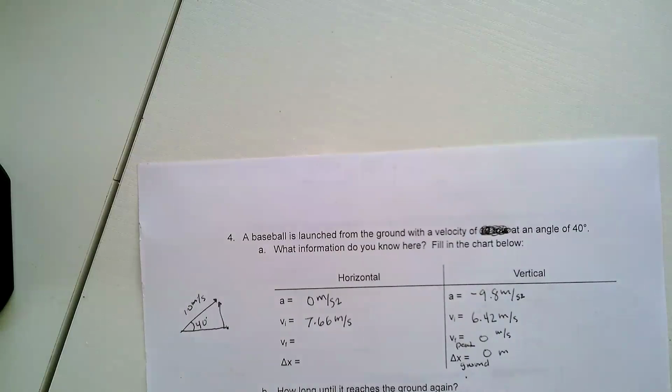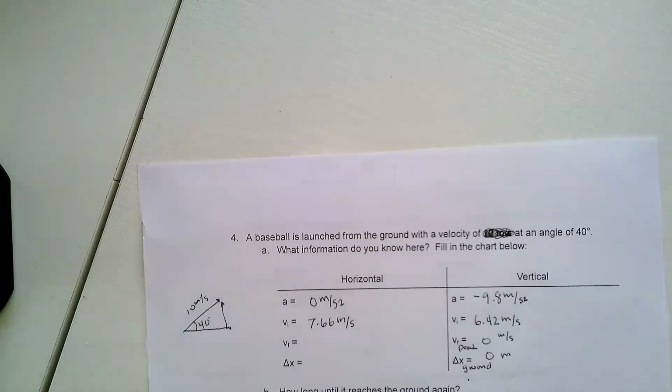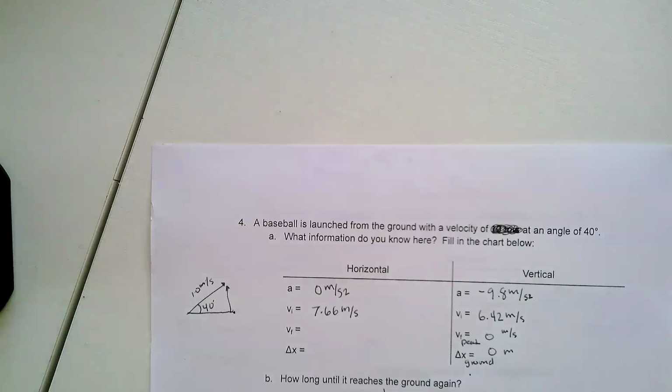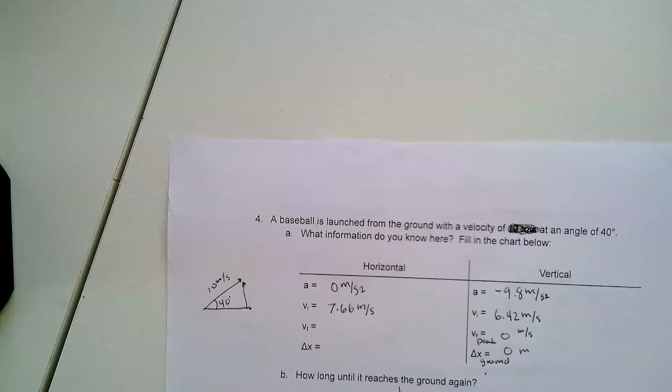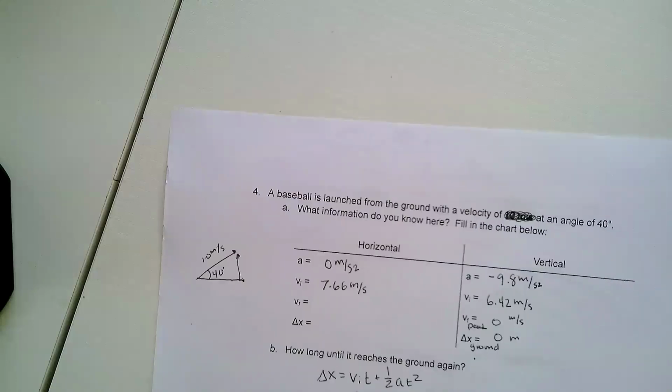Okay, so this is the quadratic that we're looking to solve. If you are entering this in a quadratic formula or a quadratic equation solver, A is negative 4.9 and B is 6.42. And there is no C, so C is 0. But if you are entering it in Desmos, then we can just write 6.42x minus 4.9x squared.